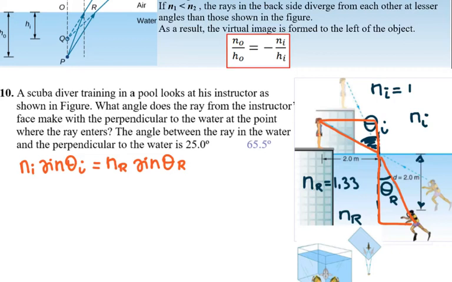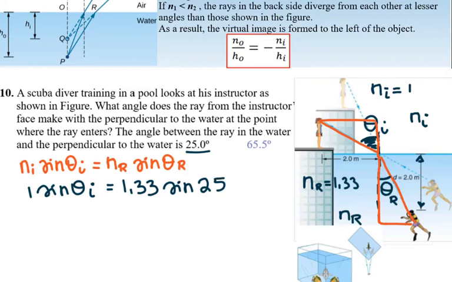So now if I plug in my numbers, I have 1 sine of theta, I'm looking for this angle, is equal to 1.33, and this angle is given, 25. So I can find what sine of theta I is equal to, which is 1.33 times sine 25.